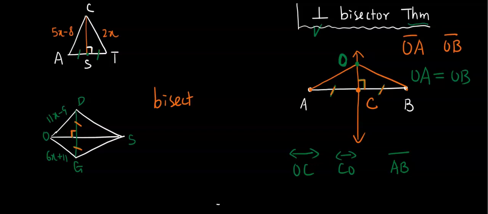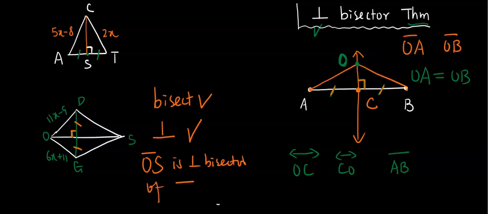That's a 90-degree symbol, which means we have a perpendicular. So OS is the perpendicular bisector of segment DG.